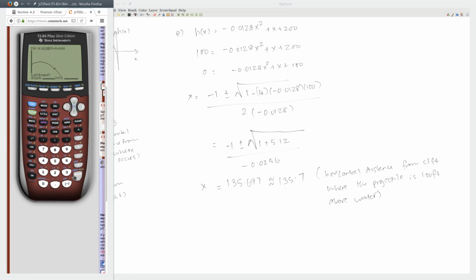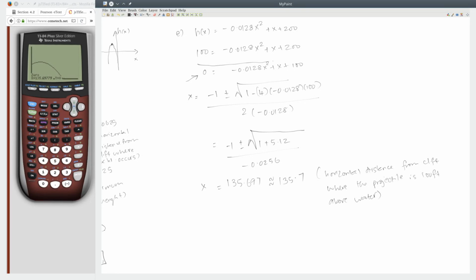Second trace, number 2, left bound, keep going, cross the 0 and head to the right and hit guess, and you can see the 0 happens at 135.69779. So this x, the distance 135.7, results in 0 for that equation. 0 for that equation actually means the height above water is 100 feet.